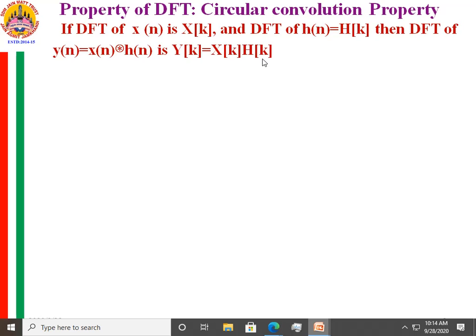So convolution in time domain is multiplication in the frequency domain. This is what this property says.